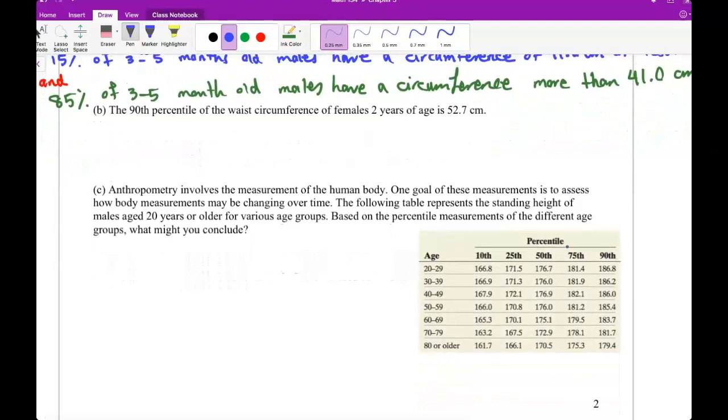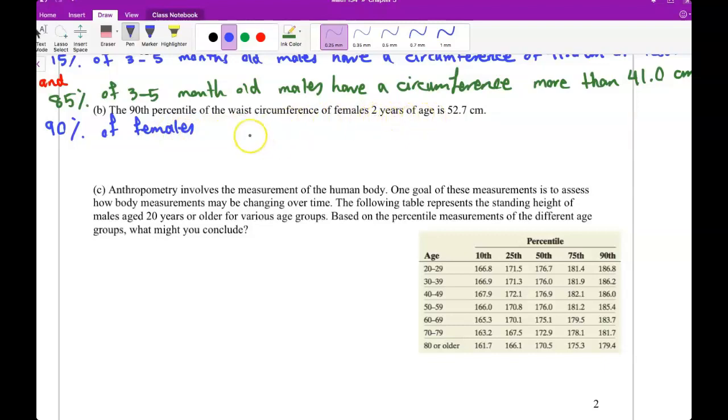Part B, the 19th percentile of waist circumference of females 2 years of age is 52.7. So exactly the same as part A. Now we have 90% and also we have 10%. The same thing. Here is 90% of females, I'm writing exactly what we have here.